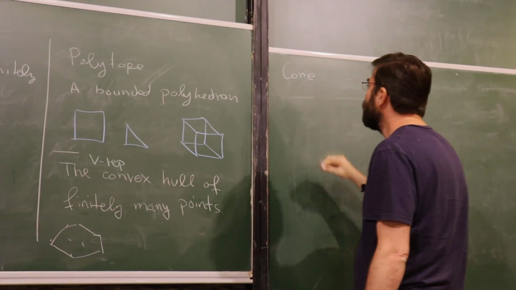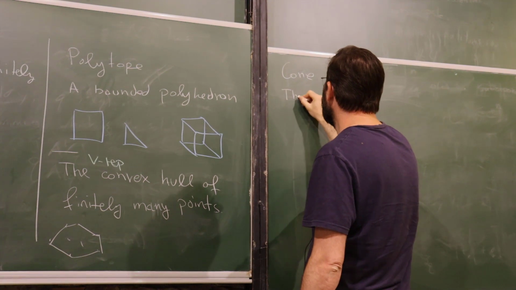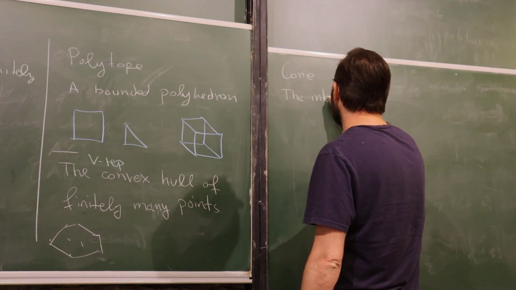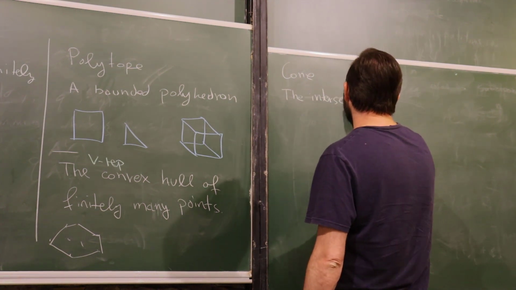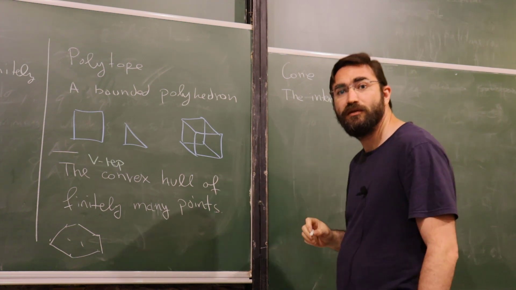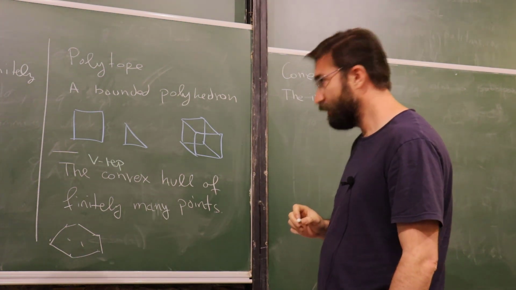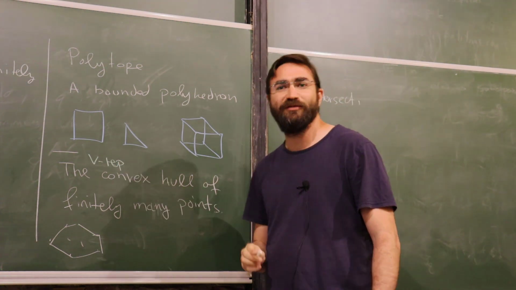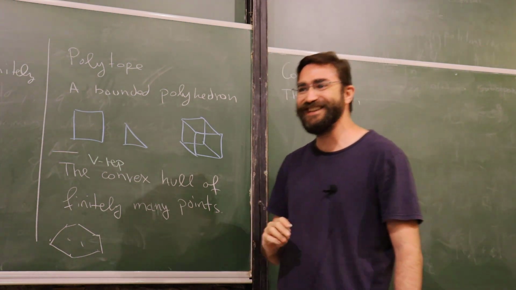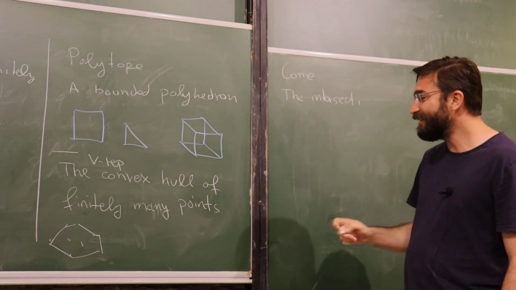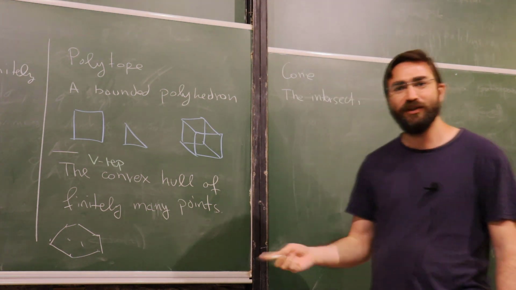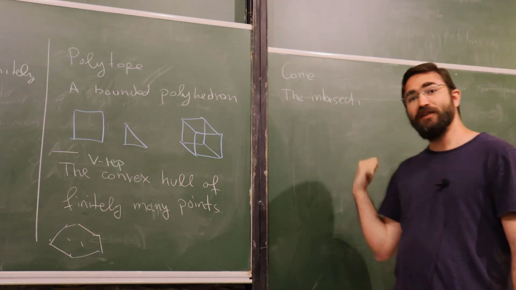The H is like half space, and the V is vertex, but I said points and not vertices because that's the two definitions later.